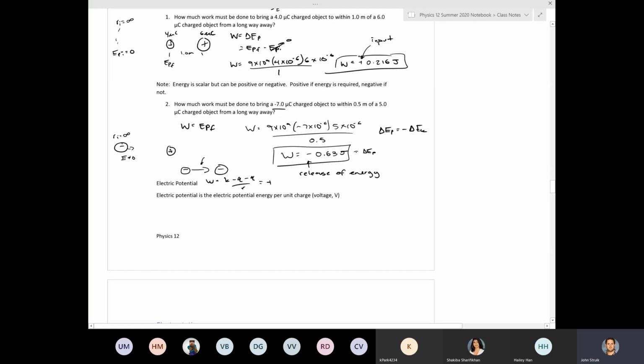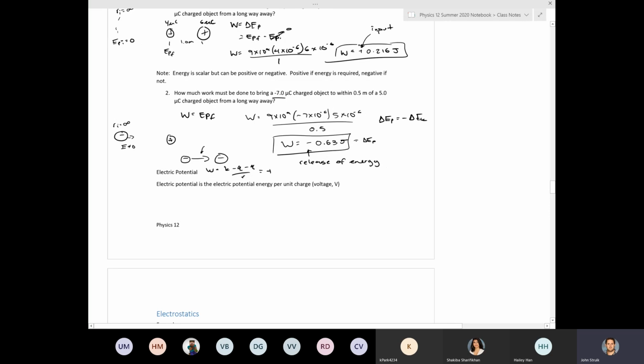Okay, so if you were to imagine a point charge, a positive charge, this charge has the potential to attract or repel other charges, okay? And so because it has the potential to do something, it has a certain energy associated with it, okay?